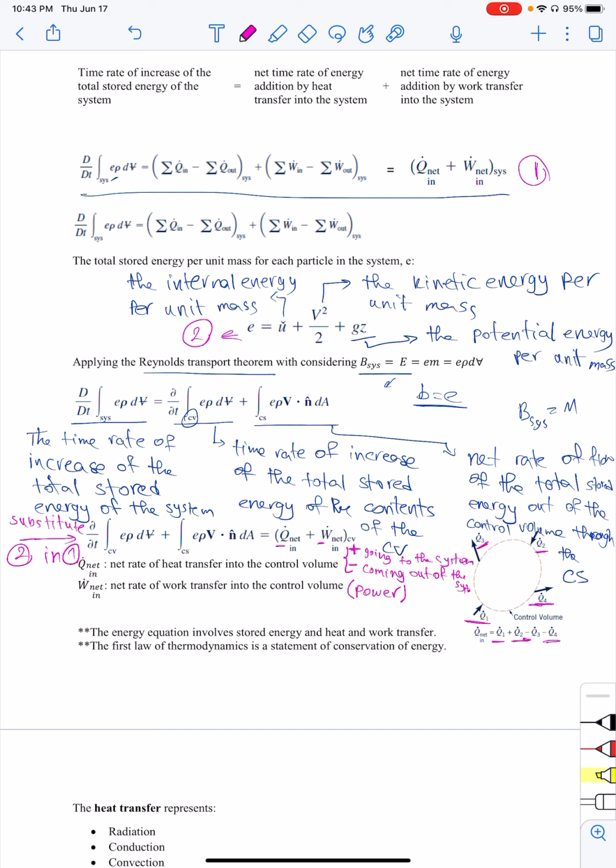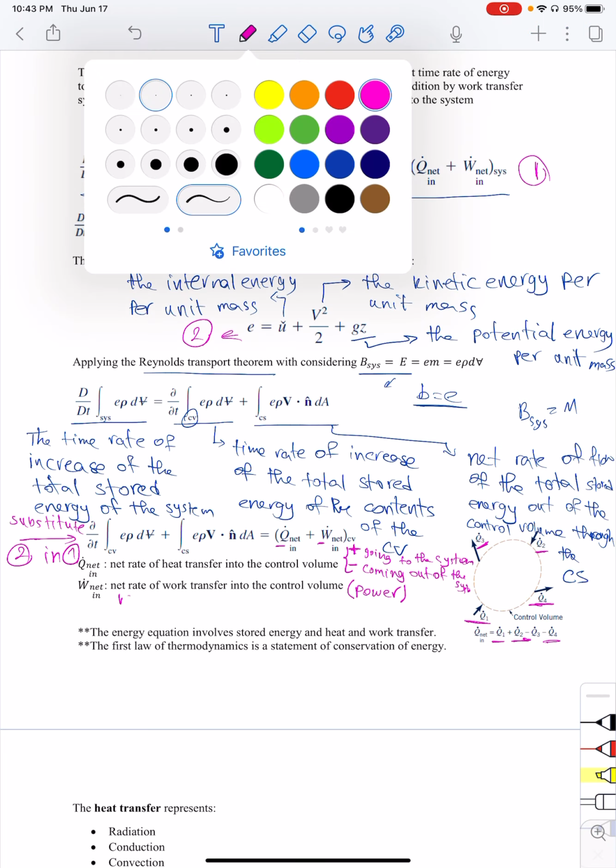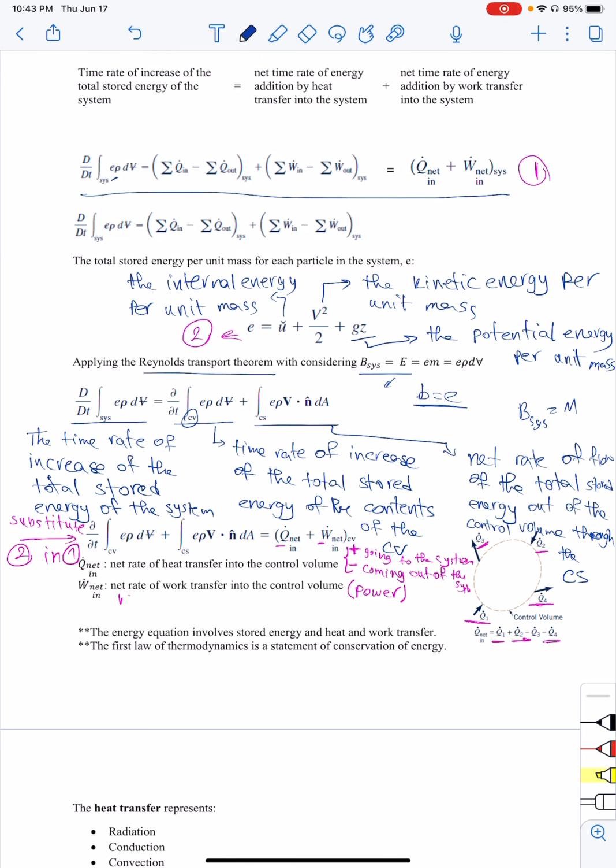It's just force times the distance. So we know that work is force times distance.